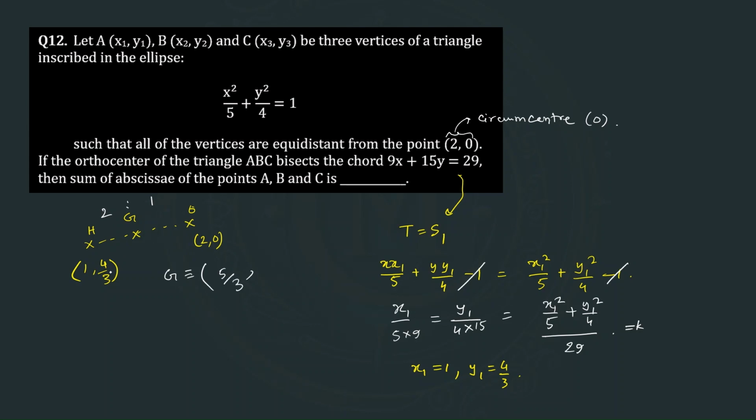Then it will be 2 times 0 plus 4 by 3, by 3, so 4 by 9. Now as G is the centroid of this triangle, summation xi divided by 3 should be equal to 5 by 3. So the sum of x coordinates of all these points A, B, C comes out to be 5. So 5 is the correct answer for this question. I hope you understood this question.